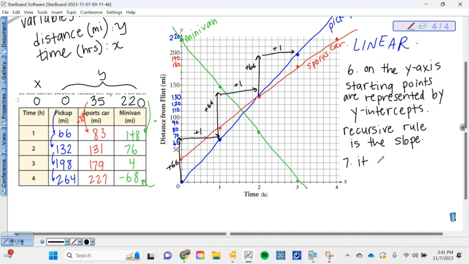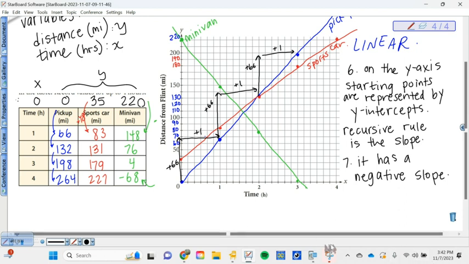What did you say, David? Yeah, right. If you were colorblind, you could still tell because it's the only one with that negative slope. It's the only one going in the opposite direction.